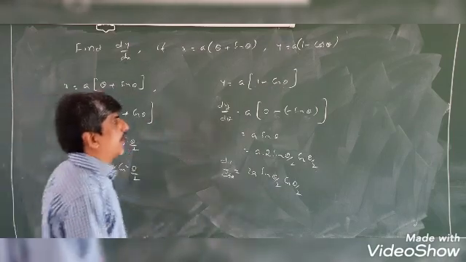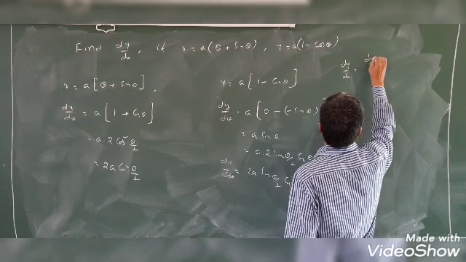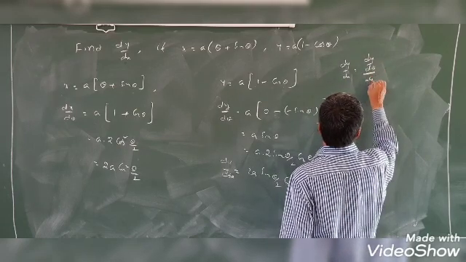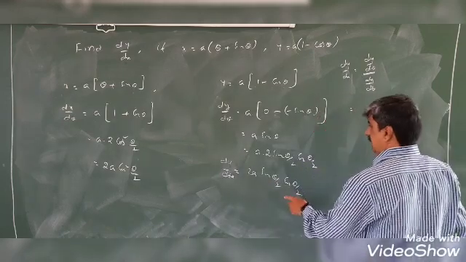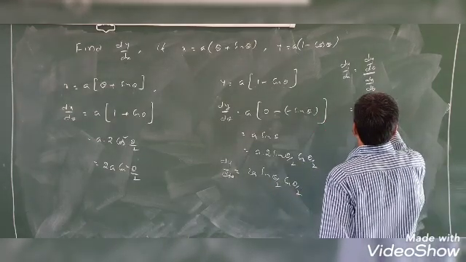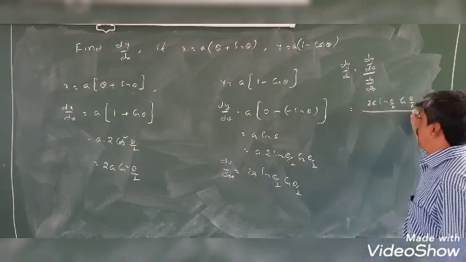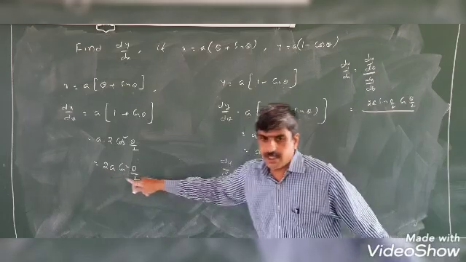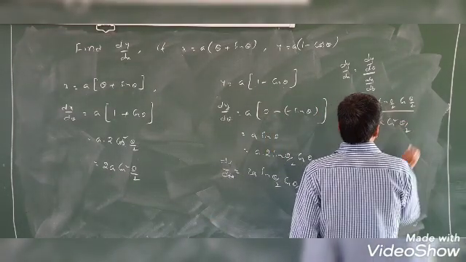Now we want to find dy by dx. So dy by dx is dy by d theta divided by dx by d theta. dy by d theta is 2a sin theta by 2 into cos theta by 2, and dx by d theta is 2a cos square theta by 2.